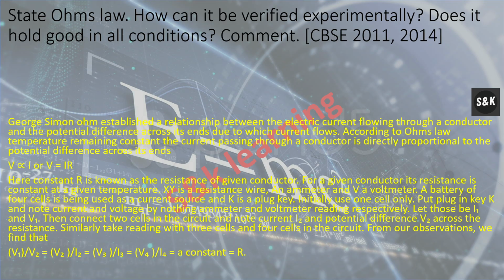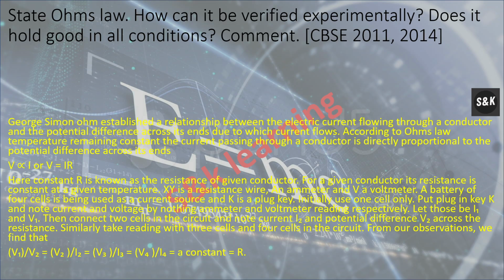According to Ohm's law, if temperature remains constant, the current passed through a conductor is directly proportional to the potential difference across its ends. So V is proportional to I, or V equals I into R. Here, constant R is known as the resistance of the given conductor. For a given conductor, its resistance is constant at a given temperature.